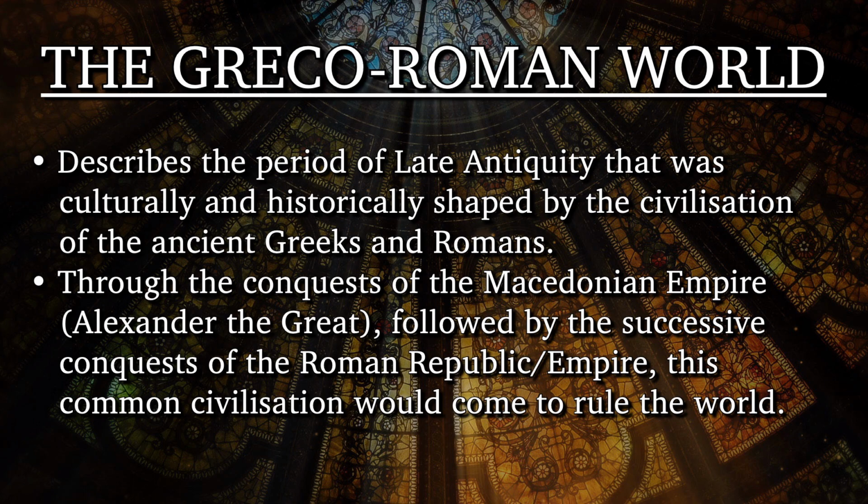They, of course, then roll through and conquer the various Greek kingdoms, and this runs all the way through to the end of that Hellenistic period, which is the victory of then Octavian, the one who we call Augustus, the first emperor, over Mark Antony and Cleopatra, during what's called the Battle of Actium in 31 BC. This is the end of that last successor Greek kingdom, the Ptolemaic kingdom, which ruled Egypt, and Cleopatra was the last pharaoh thereof. So that's the Greco-Roman world. It's the civilization that came to rule the world by the time we get to the 1st century and the time of Christ and of the apostles.